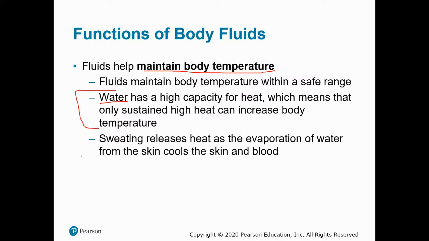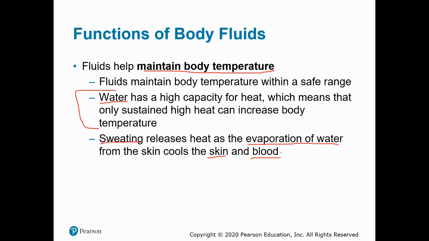So one of the mechanisms that we use in our bodies to regulate body temperature is sweating, because sweating is a release of water, evaporating water from the skin, which allows our skin to cool, and then secondarily allows blood that will travel in the blood vessels close to the skin to also cool.